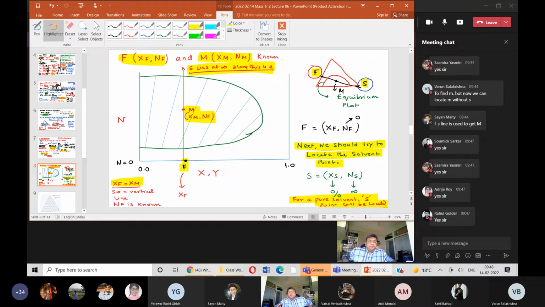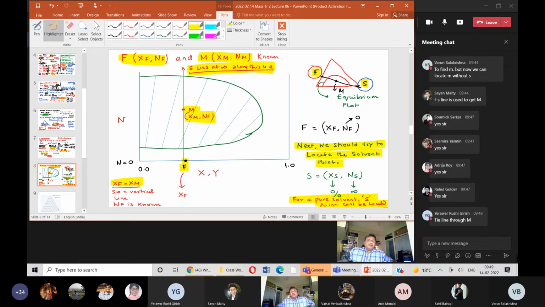Now point M has been located. So Samira, what is the next step? Or Varun, what is the next step? Rishi, what is the next step? Tie line through M, perfect.